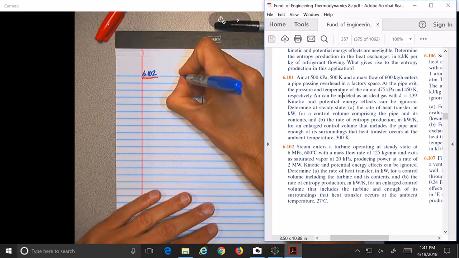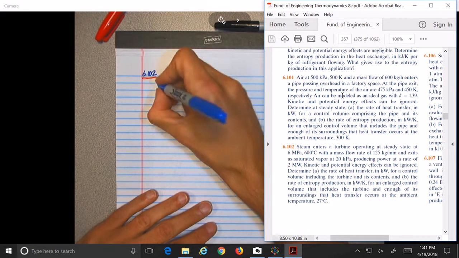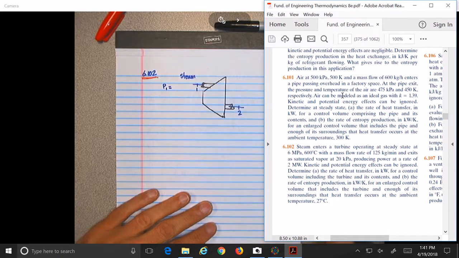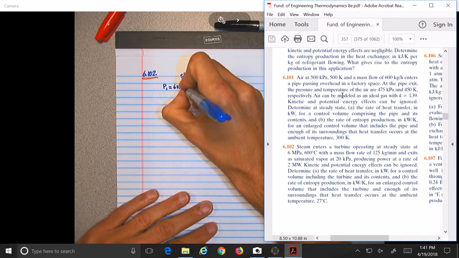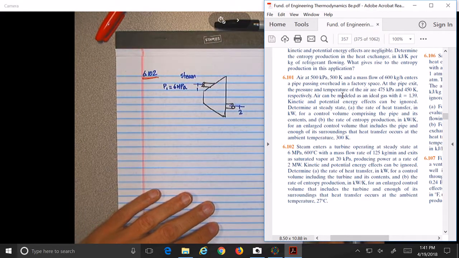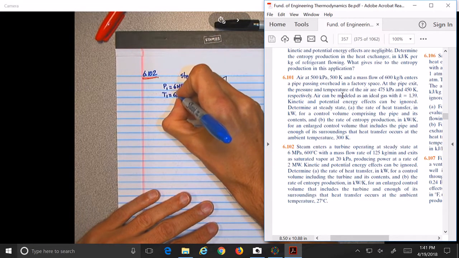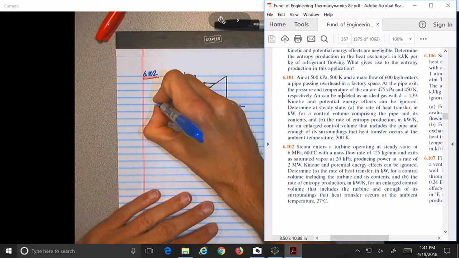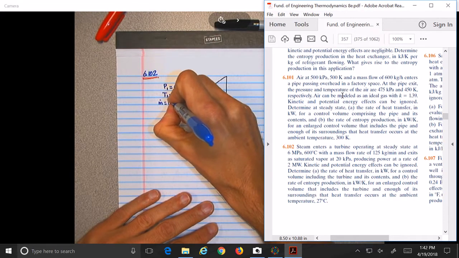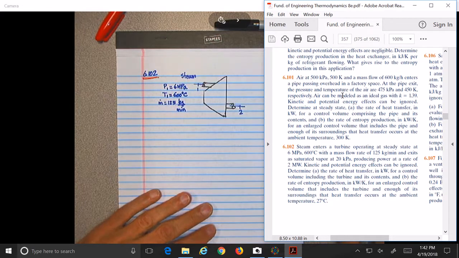So I know it's steam entering a turbine at steady state. So P1 equal 6 megapascals, T1 equal to 600 degrees Celsius with a mass flow of 125 kilograms per minute.